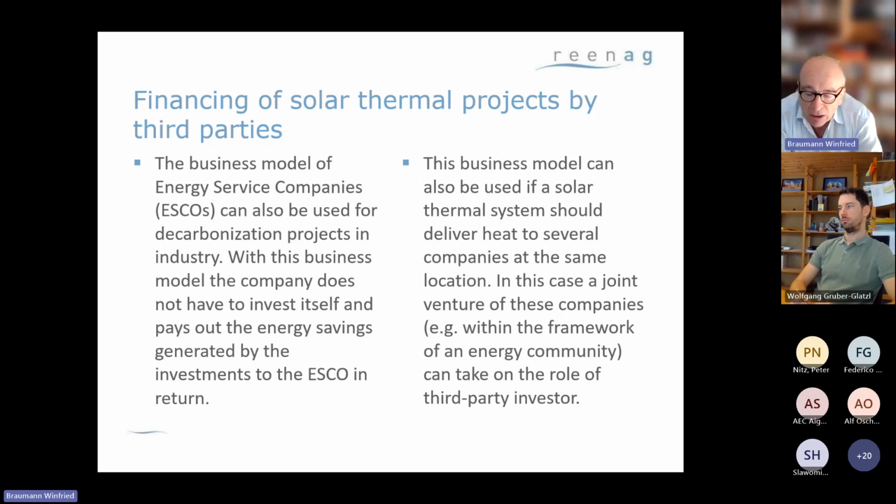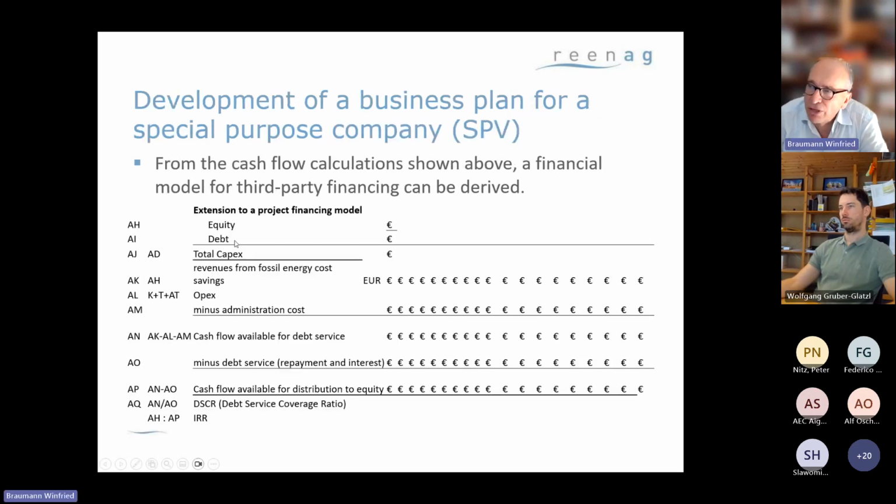So companies can create their own ESCO in this way and therefore avoid own investments and own financing. The good thing is that a business plan for such a company, for an ESCO or a special purpose company, can be directly derived from the calculations we have made for the investment project.